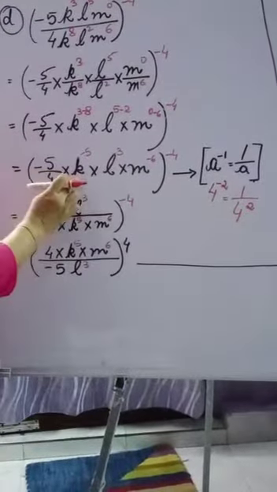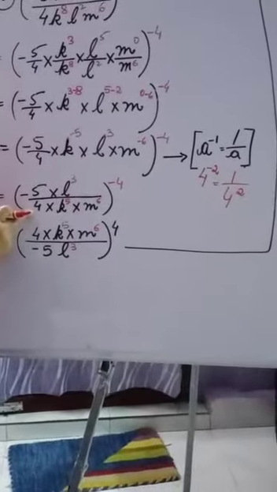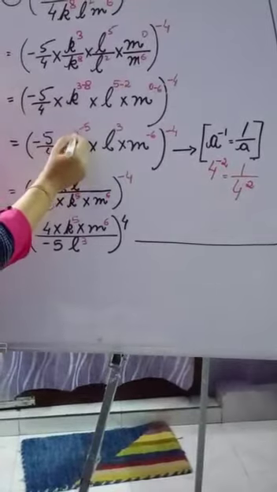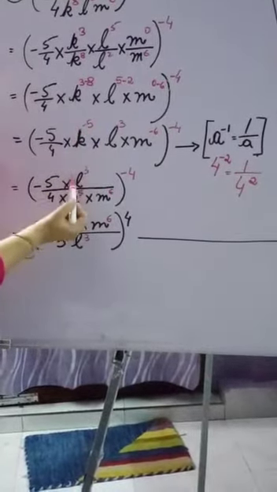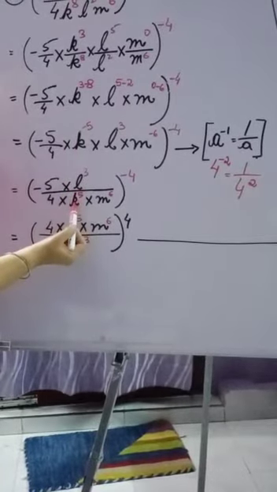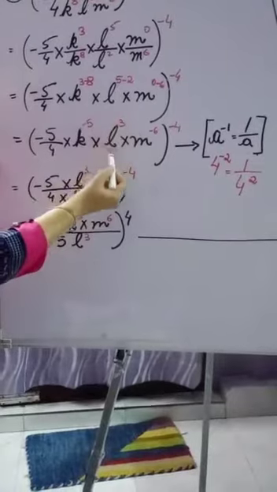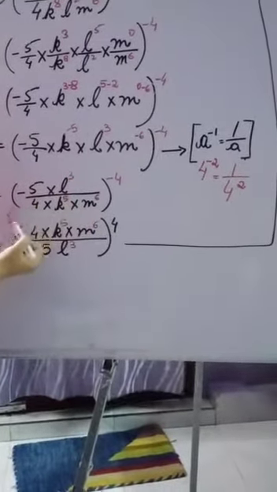Now, what will we do here? Minus 5 by 4, just write as it is, into, now this k to the power minus 5 will become 1 by k to the power 5. L will remain as a numerator itself because the power is positive, so L to the power 3.